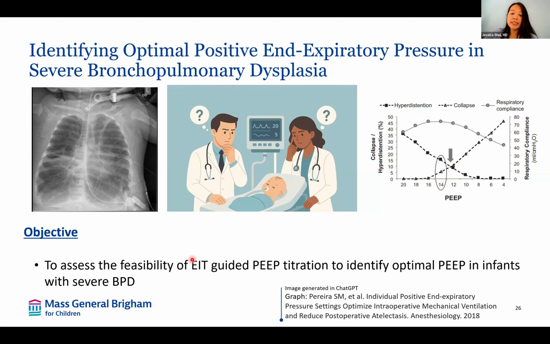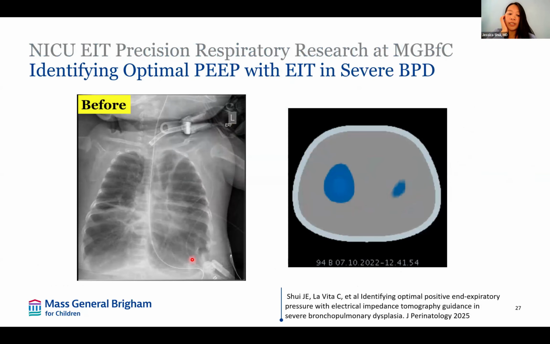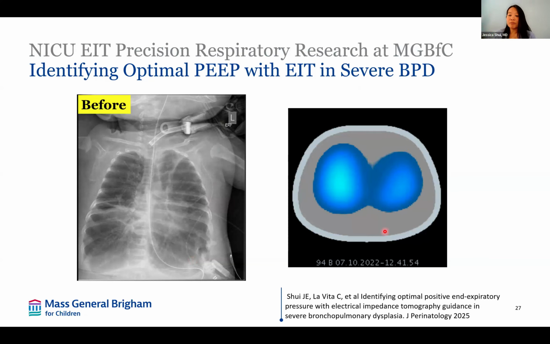And so in this case series, we wanted to look at the feasibility of doing an adapted PEEP titration in BPD. Here you can also see examples on EIT of how the baby is breathing.